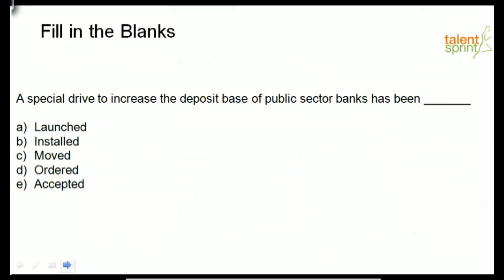In the first two sentences, major problem was a keyword, and they were referring to NPAs. So bigger problem was the connecting keyword for us. Here, obviously the keyword is special drive, and our options are launched, installed, moved, ordered, accepted.